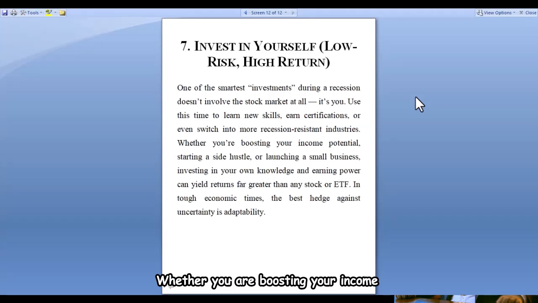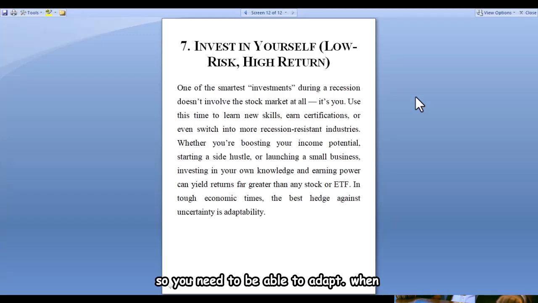Whether you are boosting your income potential, starting a side hustle, or a small business, investing in your own knowledge and earning power can yield returns far greater than any stock or ETFs. So in tough economic times, the best edge against uncertainty is adaptability.